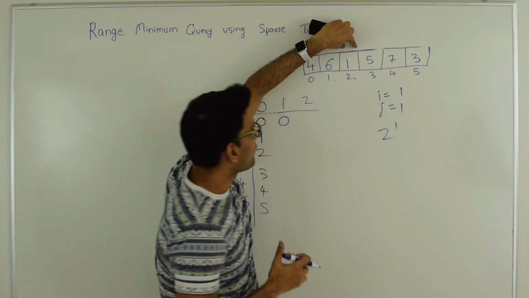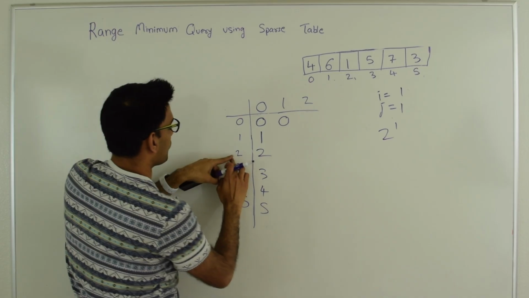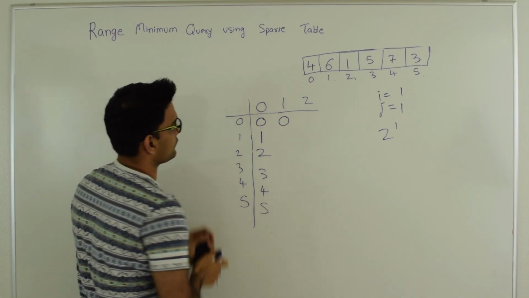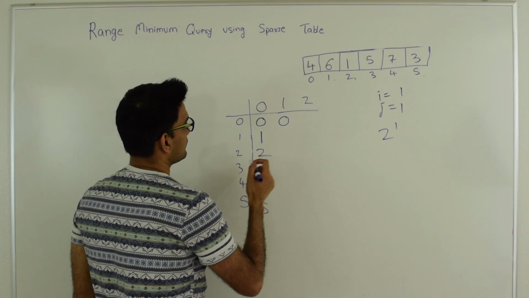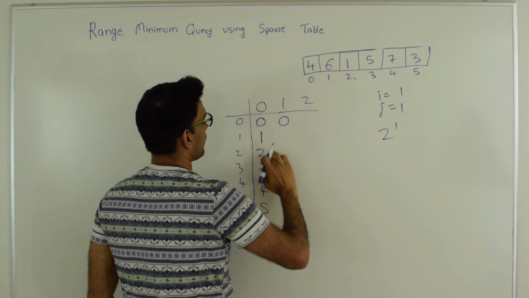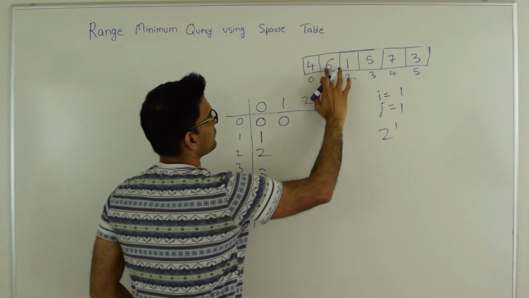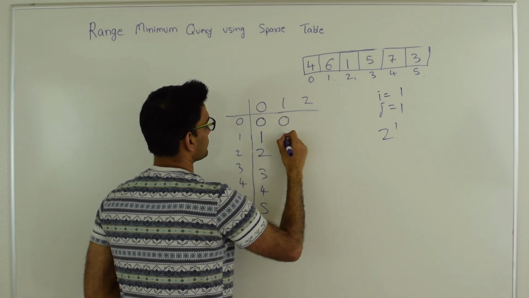And at 2 I have already calculated the minimum of next 1 element, which is stored right here, 2 0, which is this value 2. So again what we do is we get a minimum of these two guys. So 6 is at 1, 1 is at 2. So minimum of 6 and 1 is 1, index of that is 2, so this value becomes 2.